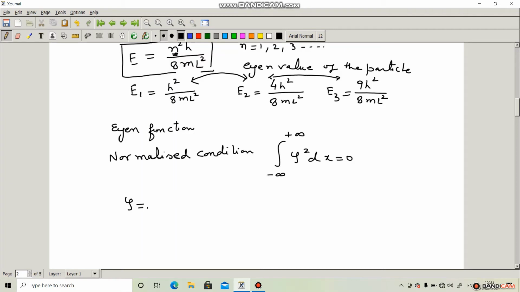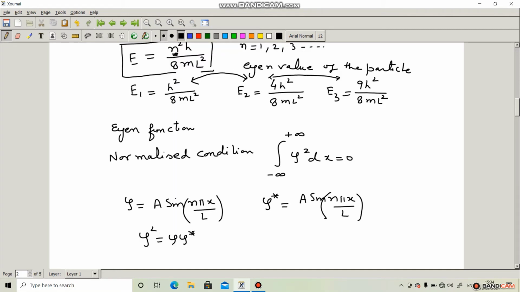In this topic, psi is a sin n pi x over L. This is psi, and psi star is again a sin n pi x over L. We know that psi square is psi star psi, where psi star is the conjugate of psi, and it becomes a square sin square n pi x over L.